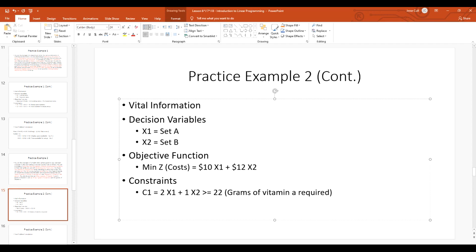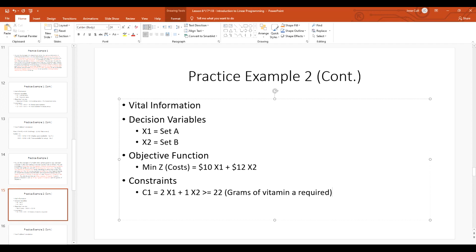So we see here that we have 2 grams per set A of vitamin A and 1 gram in set B of vitamin A, and we require more than or equal to 22 grams. Last time it was less than because that's all we had available. This time it's greater than or equal to because this is the minimum amount necessary.